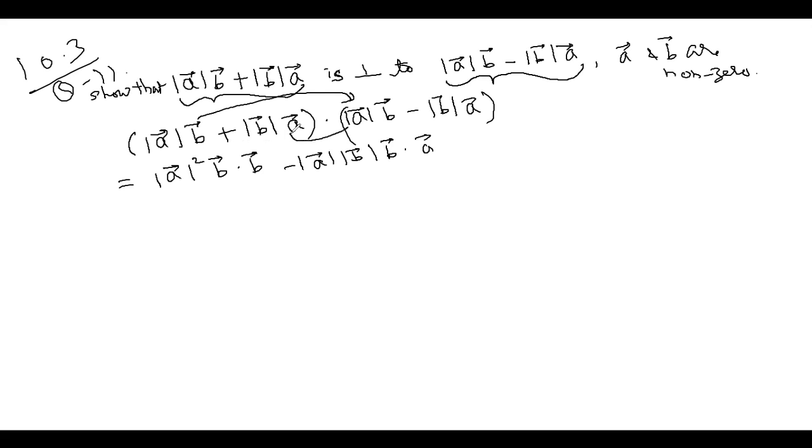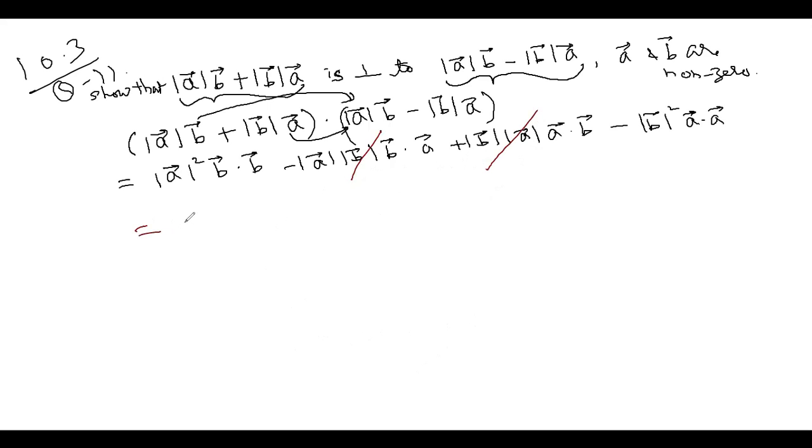Okay, now multiply this with this one. So we will get magnitude of vector B into magnitude of vector A into A dot B. Then this multiply with this one, minus minus plus, magnitude of B into magnitude of B, B square, and magnitude of vector A dot vector A. Okay, so these two are same values.